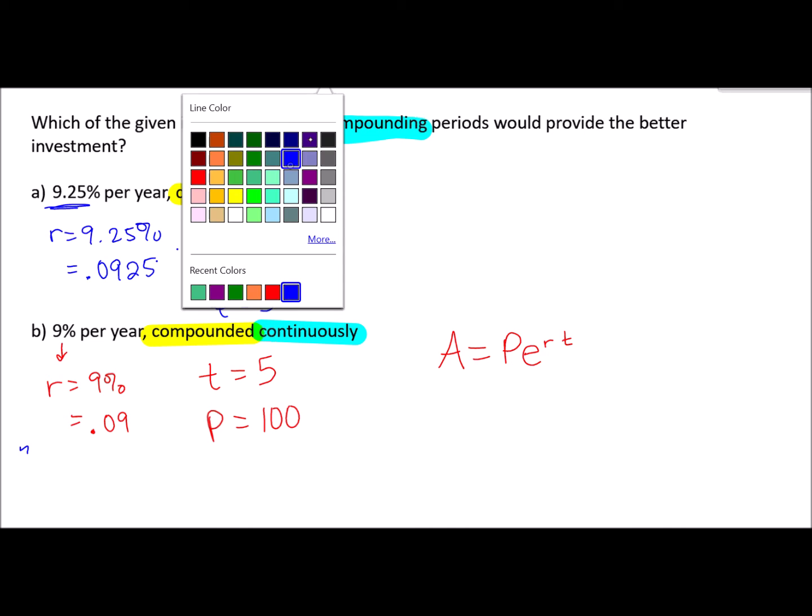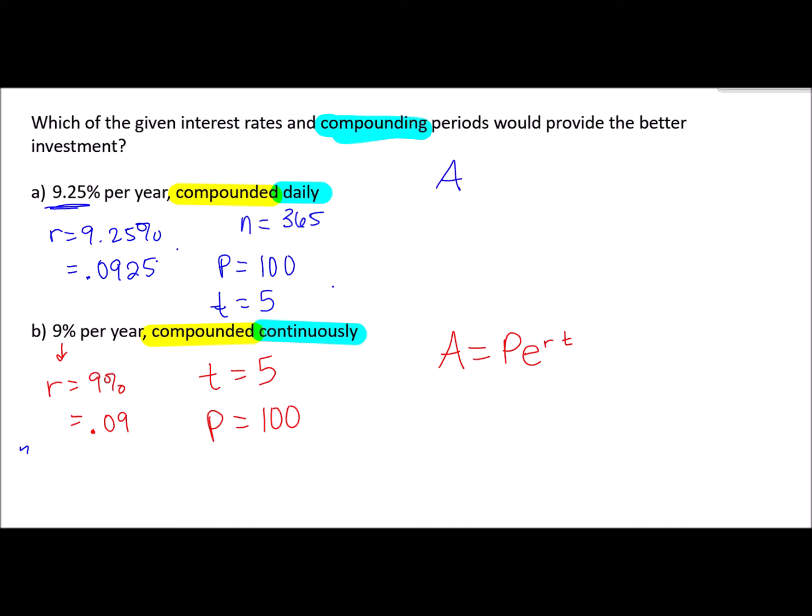We decided up here it was compounded regularly, so 1 plus R over n, to the n times T. All right, I'm going to plug it in here. 100, 1 plus 0.095 over n, which was 365.